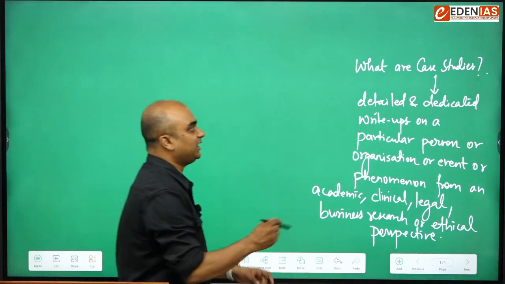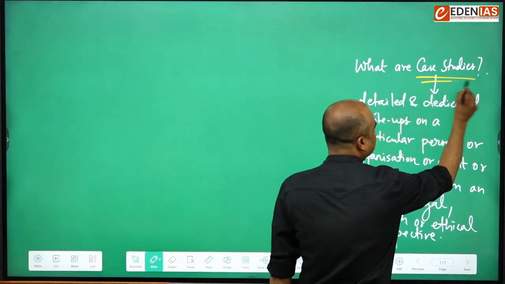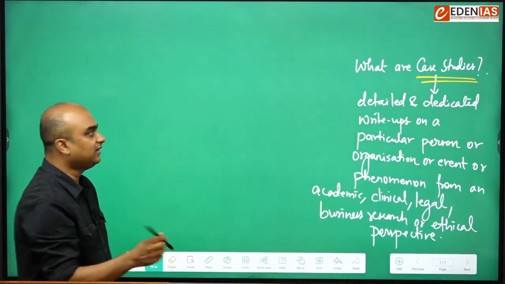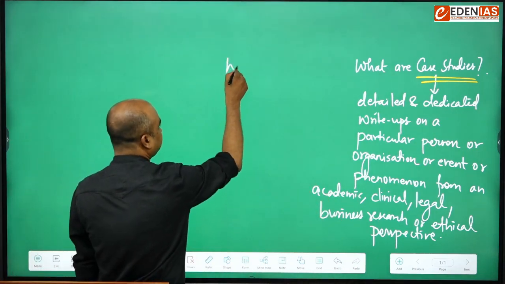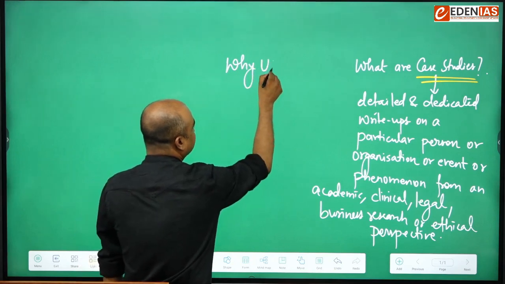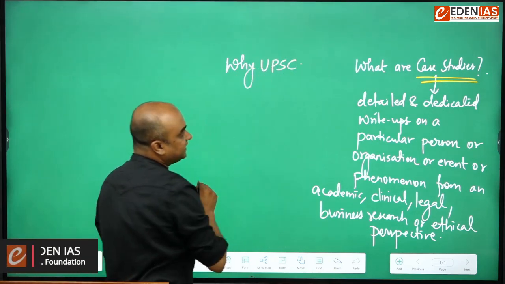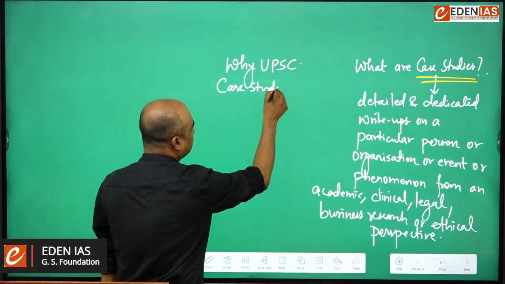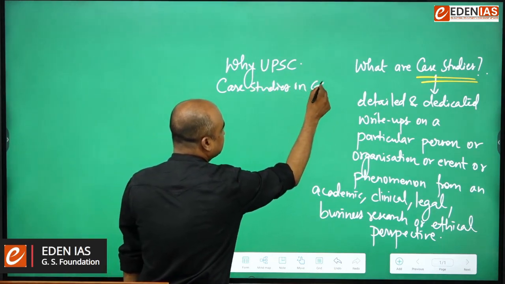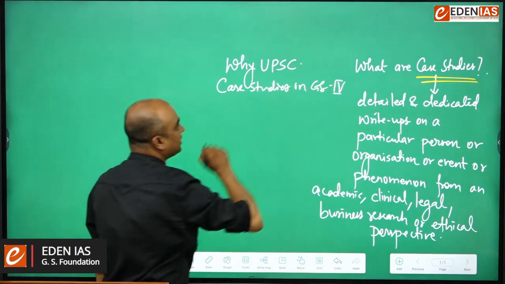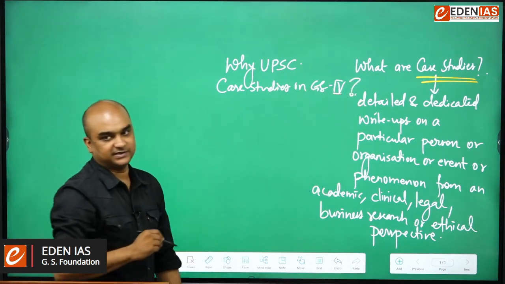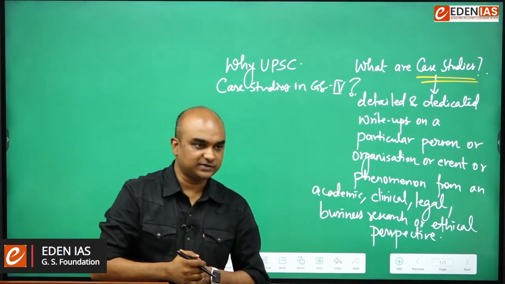Once we understand what are case studies, let's ask ourselves one more question: why did UPSC decide to include case studies in GS paper 4, or in other words, what is the significance of case studies as far as GS paper 4 is concerned?